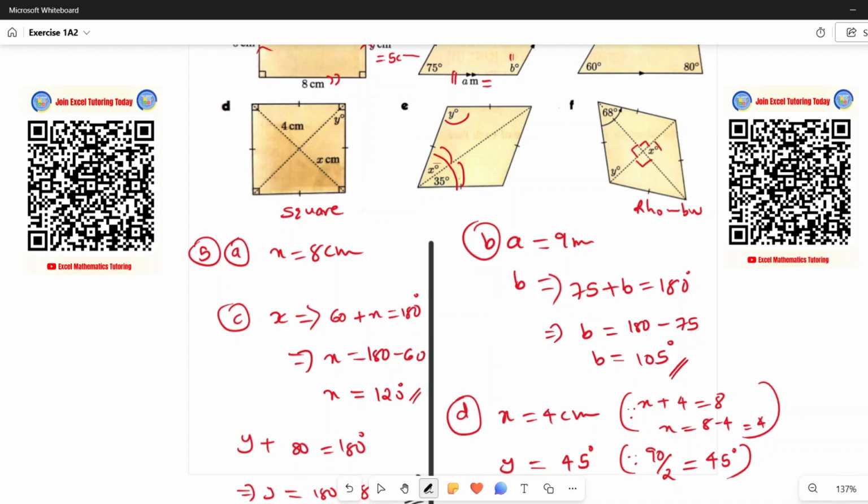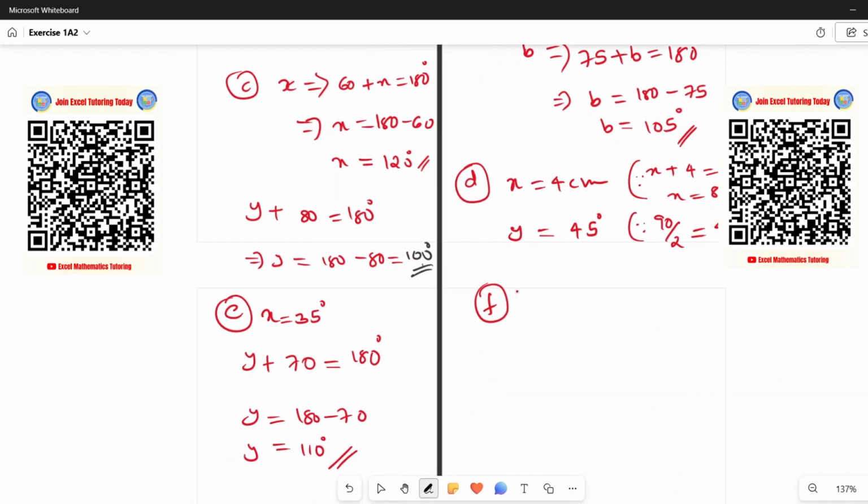That's the other special property of a rhombus. So x equals 90 degree, because the diagonals of a rhombus bisect each other at right angles.